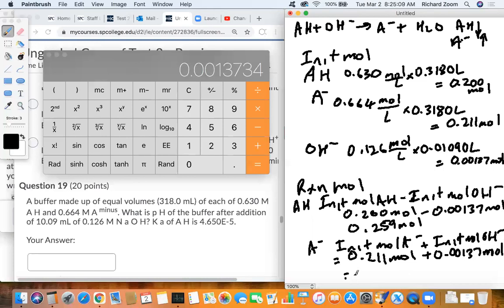Which is 0.212. Does anybody have any questions so far? We're not done yet.